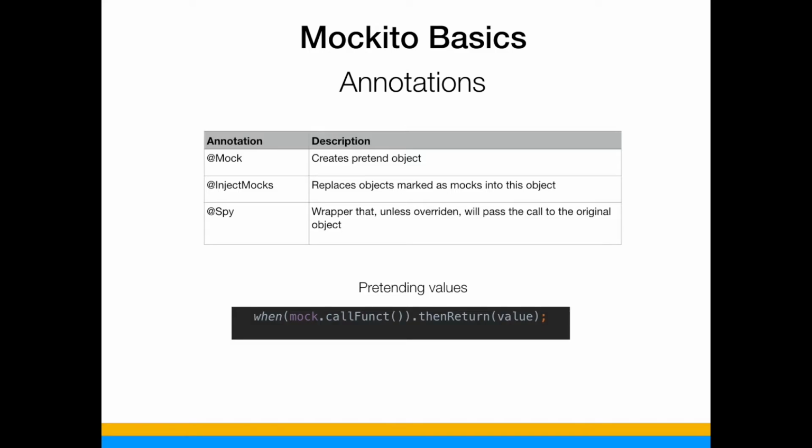It's going to grab any object that we had created with @Mock and replace it inside of that @InjectMocks object. And then whenever we're calling the code, we're going to be using our when function, saying when we call this other function, then return that other value. We're pretending that we're not going to run any of the other code. We're just saying when this happens, then return these values.